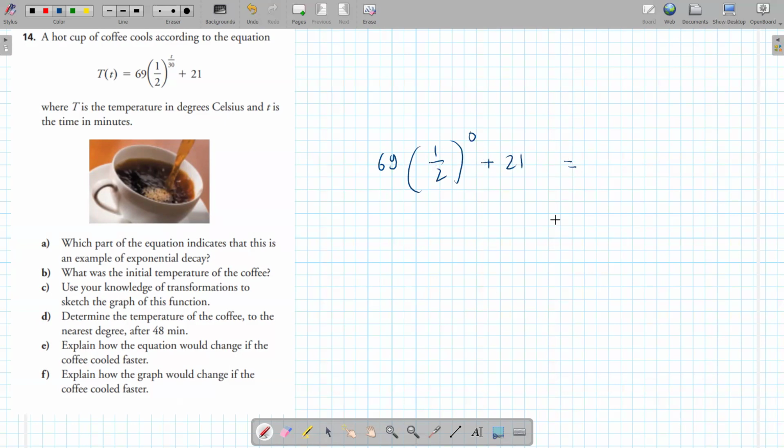What is this going to be equal to? Is it 89? It'll be 90, because this will be 69 times 1. Remember, 1/2 to the power 0 is a 1. Plus 21, which is the same thing as 70 plus 20. It's 90 degrees Celsius, which is very hot coffee.